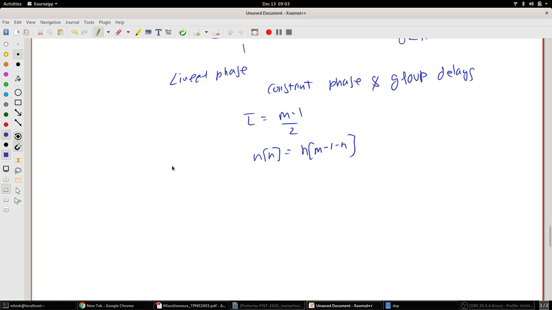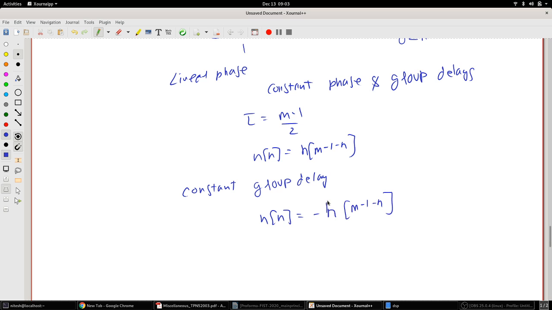If you just need a constant group delay, then h of n should be equal to minus h of m minus 1 minus n.